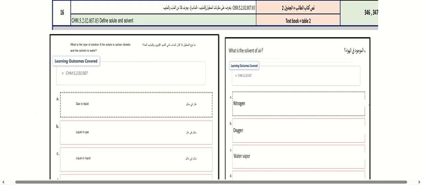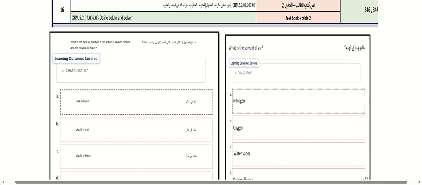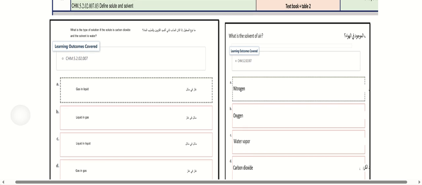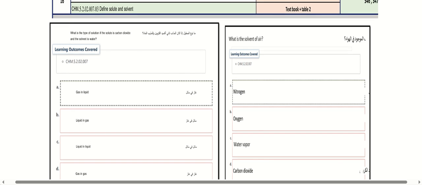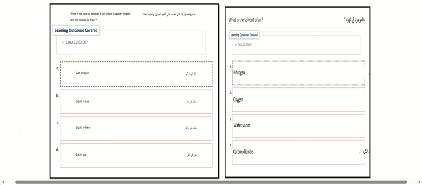What is the type of solution if the solute carbon dioxide is in water? Gas in liquid: carbon dioxide is a gas and water is a liquid, so it is gas in liquid. This is carbonated water or soda. What is the solvent of air? Nitrogen, because that is the most abundant gas in air.